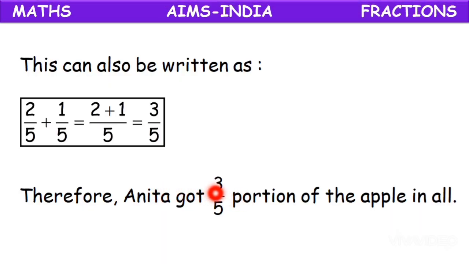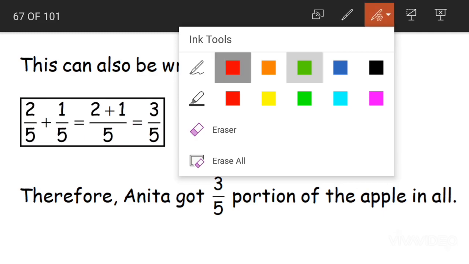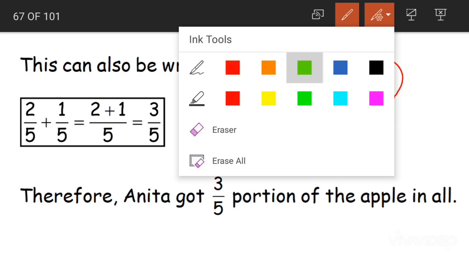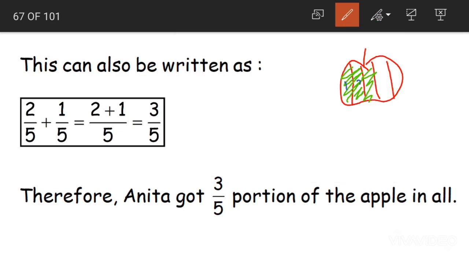Therefore, Anita got 3 by 5 portion of the apple in all. See, this is our apple and it was divided into 1, 2, 3, 4 and 5 parts. Anita got 2 from her sister and 1 from her brother. Now from this you can directly say how many parts she has? 1, 2, 3, 3 parts divided by how many parts are there in the whole? 5.